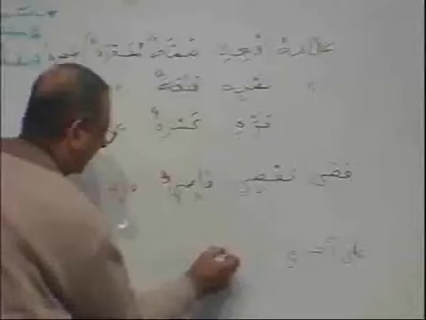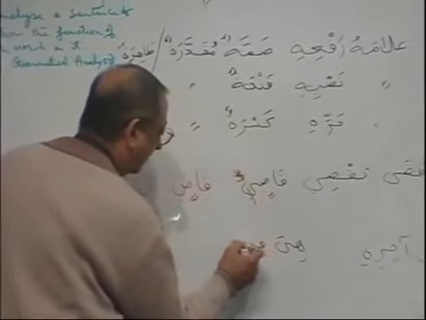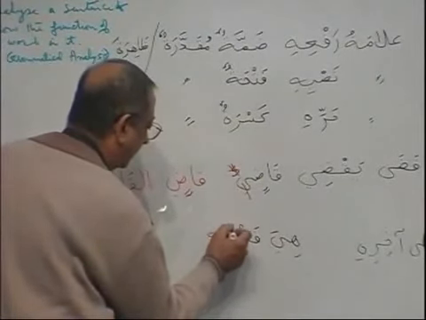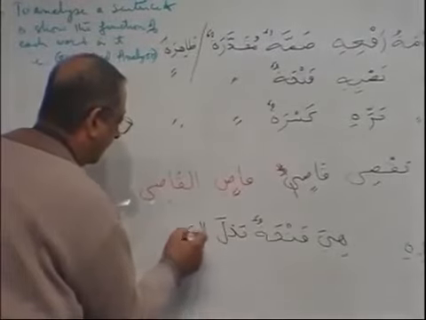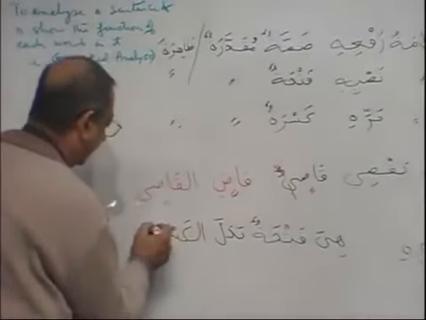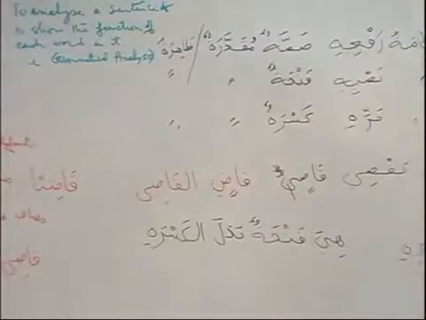Now, what is the sign of jar in the mamnu' min as-sarf? What will you say? It is fatha. What will you say? It is fatha instead of two kasras. I will write down. Brothers and sisters, I will write down. Fatha, badala, kasrati. Are you with me? This is the alamat of jar when it is mamnu min sarf.